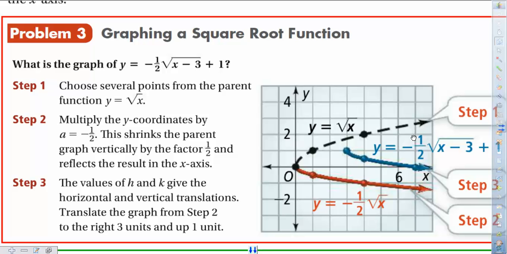First thing that they did is they made the parent function, which I'm going to possibly skip that step a little bit there, and instead I like going straight to step. I'll probably do this in a little bit of a different order, but I do respect what they're doing there.